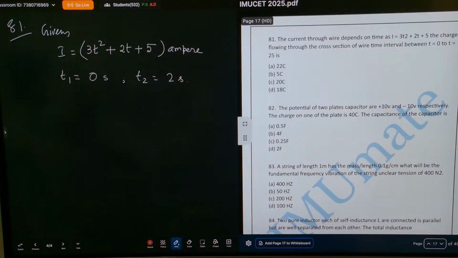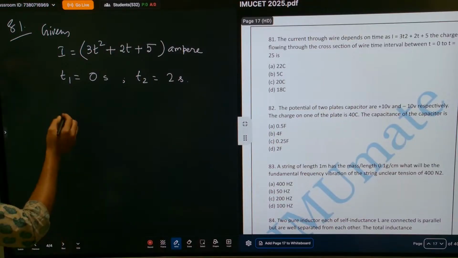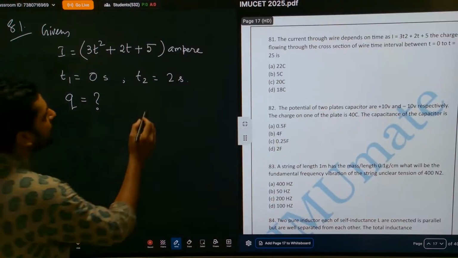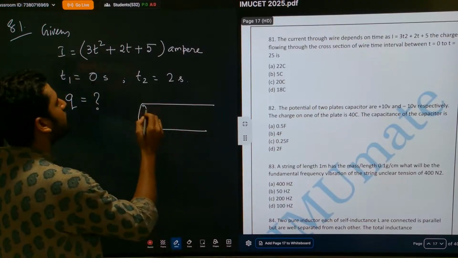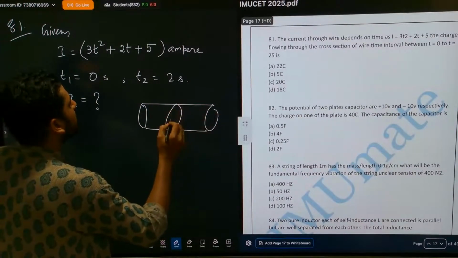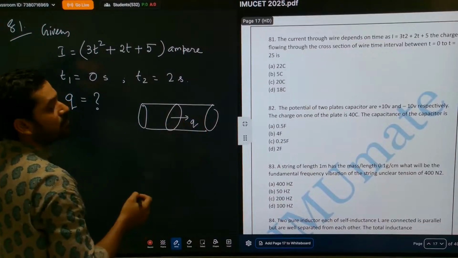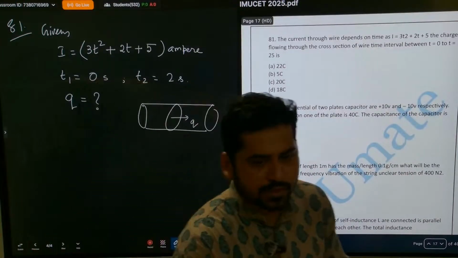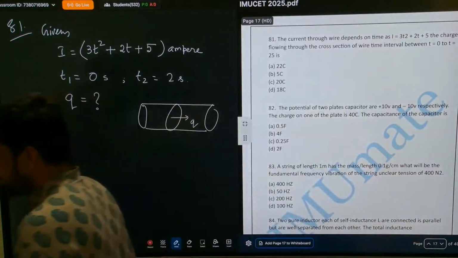Okay, you get this? Now they have asked what amount of charge is flowing through that cross section. Let's say this is the cross section. What amount of charge is flowing in that time duration from 0 to 2 seconds? Just write it down.